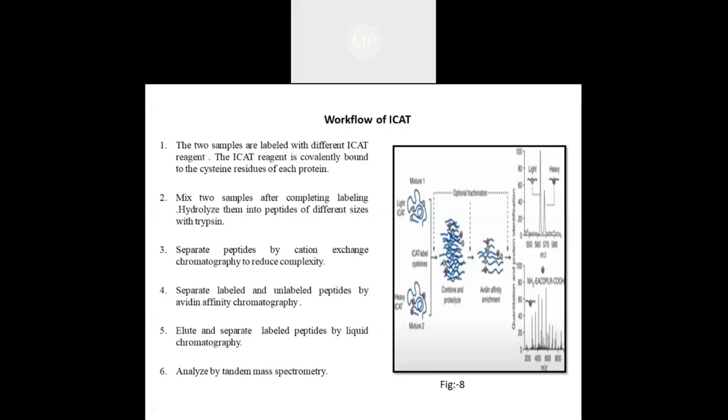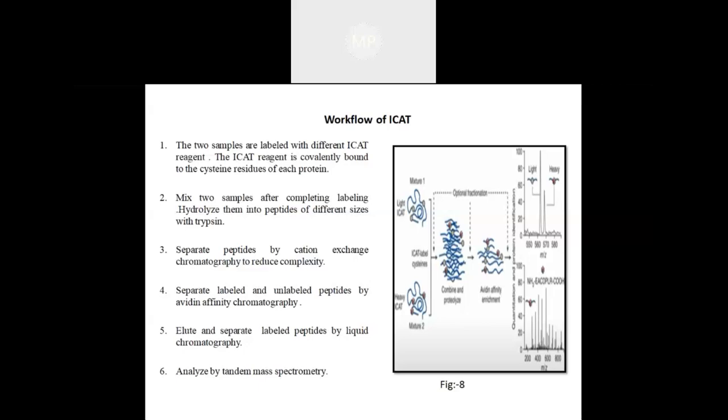After that, we separate the proteins by cation exchange chromatography to reduce the complexity. From the cation exchange chromatography, we remove all the remaining detergents, reducing agent and the ICAT reagent also.